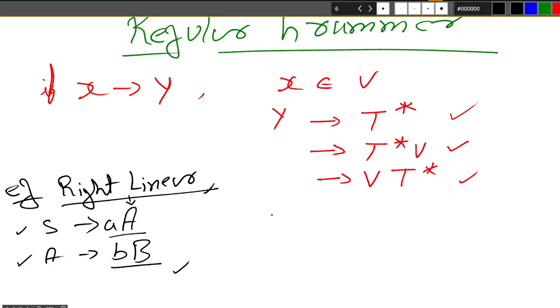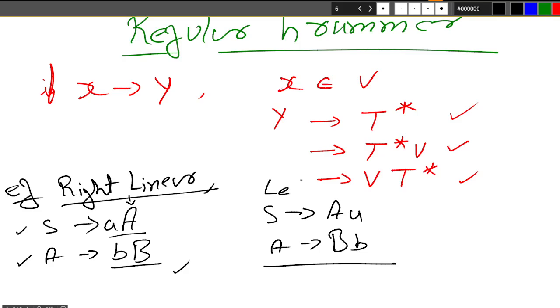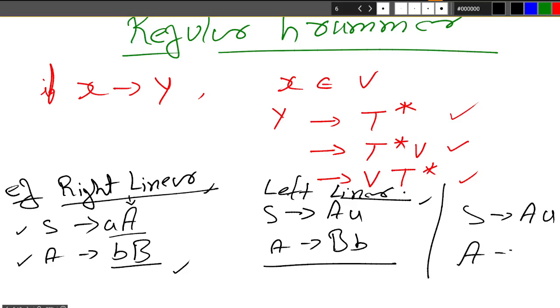Another example, if I am telling you S gives AA or A gives B, this will be left linear. Now if you have a grammar which is S gives AA and A gives BB, one of the rules is left linear, another rule is right linear.